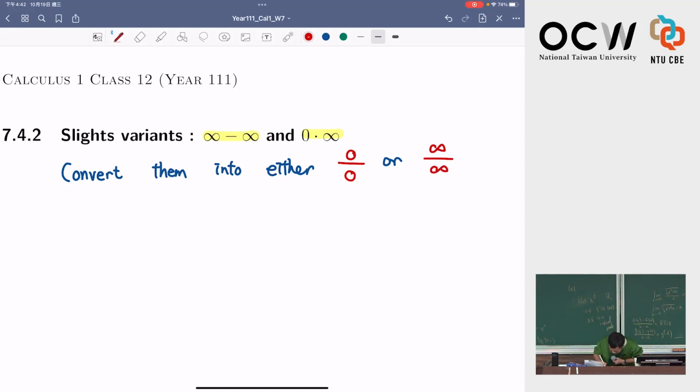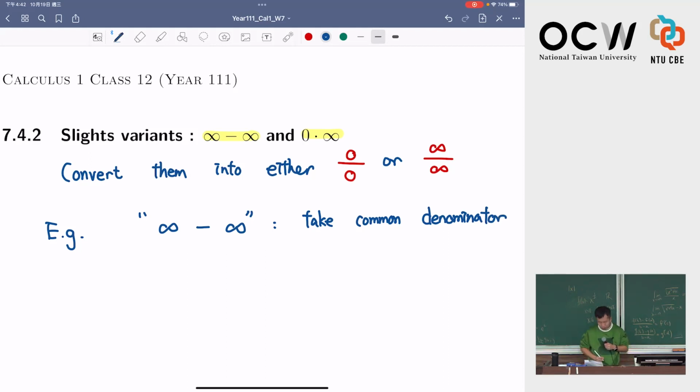For example, if you encounter an expression of the form infinity minus infinity, then the usual trick is to take a common denominator. And if you encounter the second kind, 0 times infinity, then by the way, 0 times infinity is not 0.